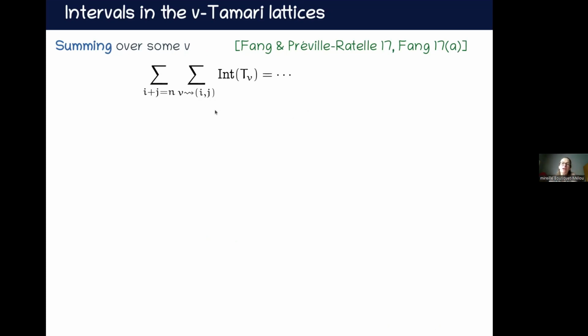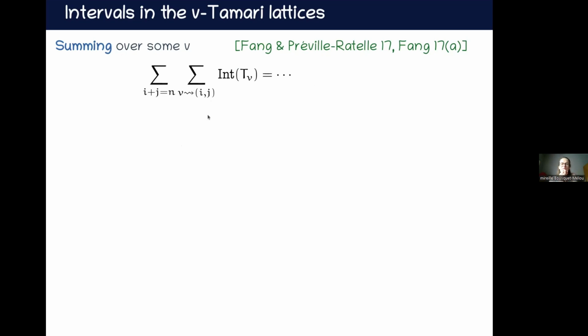Okay, and now, as in the Stanley case, the total number of intervals in the v-Tamari lattice, so total, I mean summed over all base paths v ending at the prescribed point, and here I'm fixing the total length n of the paths. So this question has been investigated as well by Wenxie Fang and Louis-François.